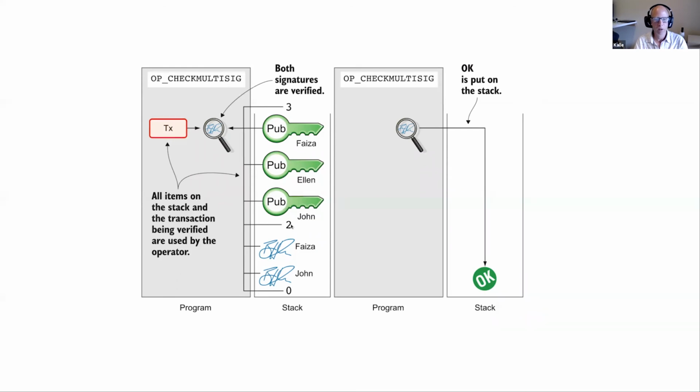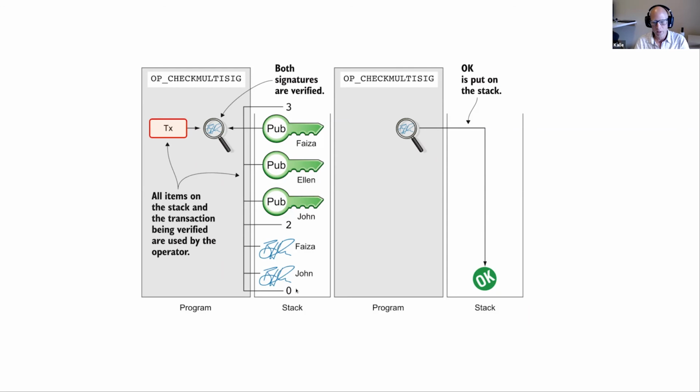And then it will pop the next item, which it expects to be a number, the number of signatures to pop. So it takes this 2 and then expects 2 signatures. So it pops 2 signatures, and then it finally pops this 0 here.